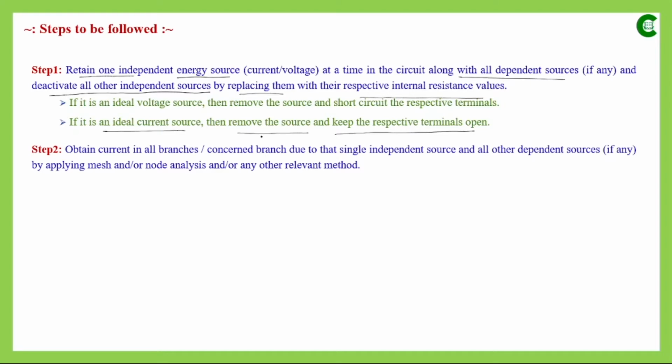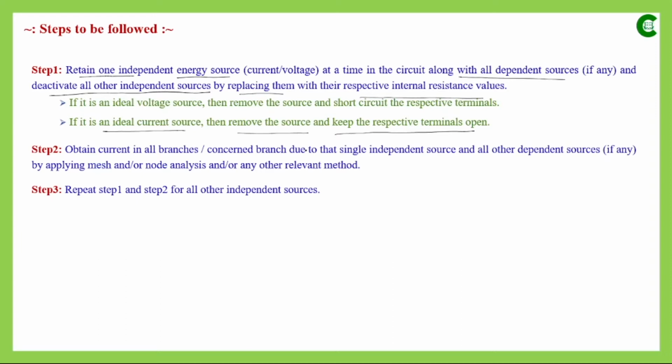Then after finding the concerned parameter, in the next step we will repeat step 1 and step 2, and this time it will be for another independent source. If we have multiple sources, then for the first source, step 1 and step 2 have been executed.